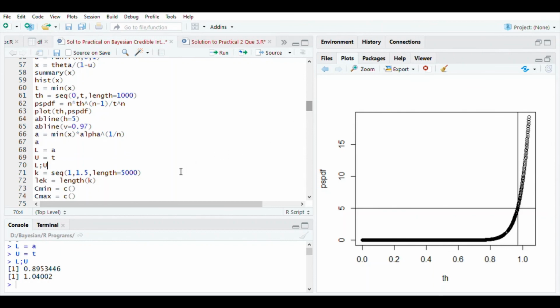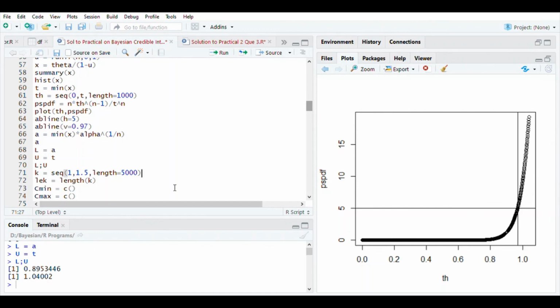So the procedure starts with the choice of different values of K. So how do we choose these values of K? I have discussed this earlier also in several videos. The lower limit of the values of K should be the point which gives the interval which carries posterior probability greater than 1 minus alpha, and the upper limit, that is the last possible value of K, should be such that the corresponding interval carries probability less than 1 minus alpha.